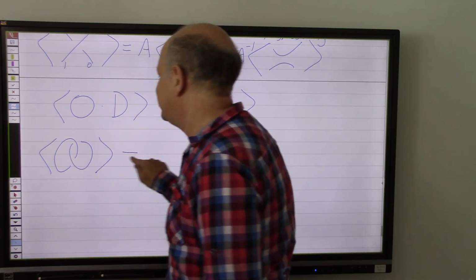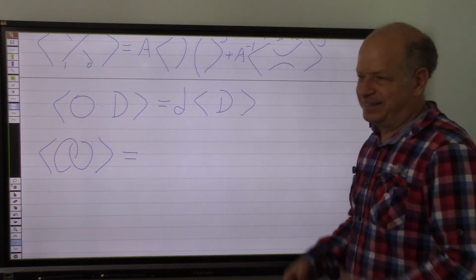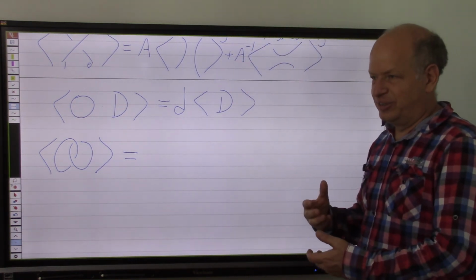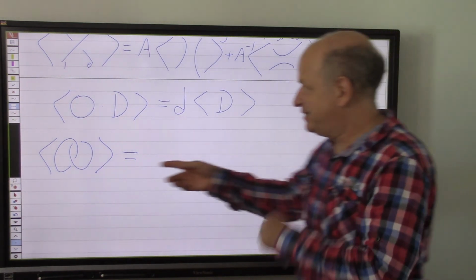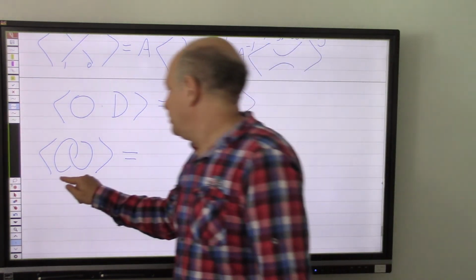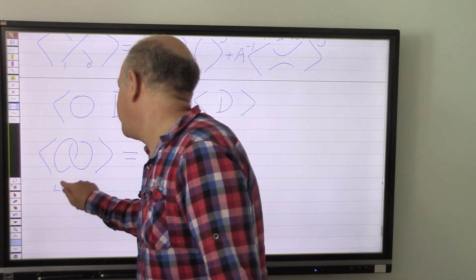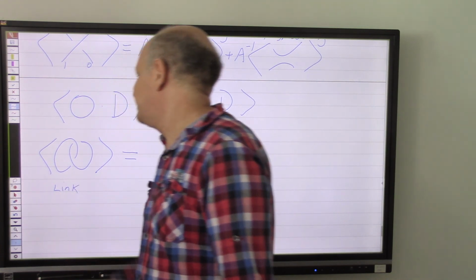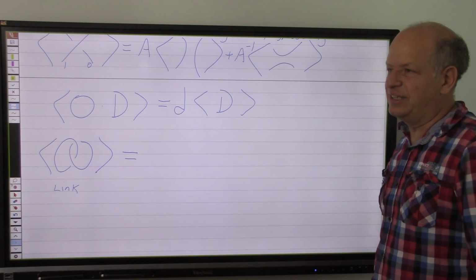So notice that this actually is not a knot, right? We defined a knot to be a circle in R3. This is a pair of circles in R3. Well, this is a new object, but I don't want to precisely define it, just as much as I didn't precisely define knots.